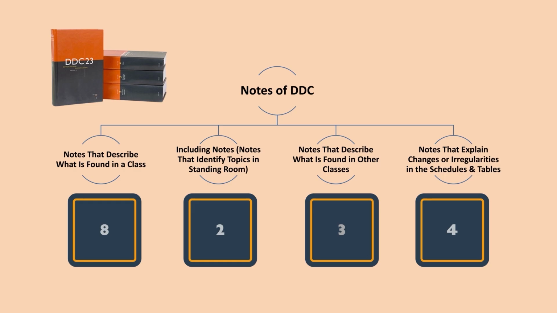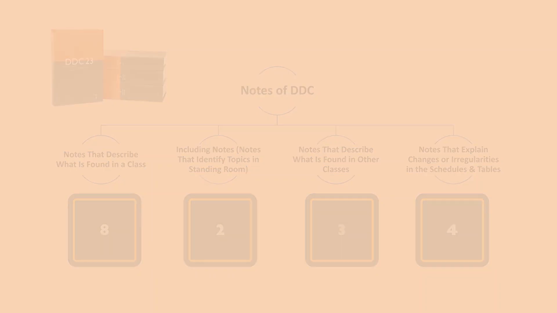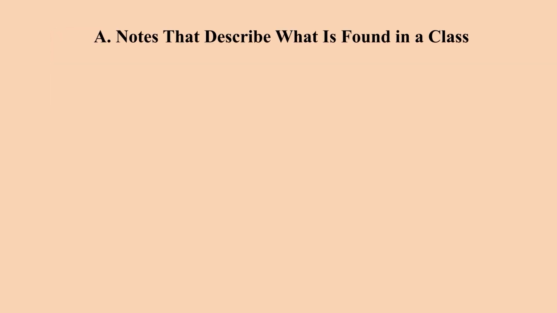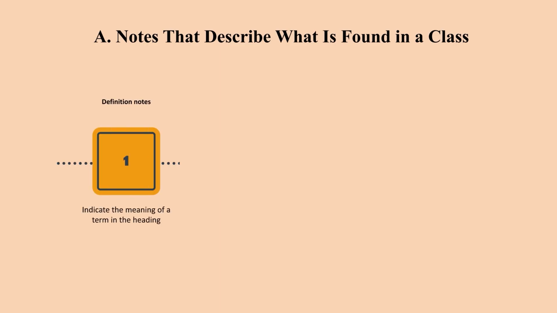Now, if we want to explain one by one, the first type of note was notes that describe what is found in a class. And we have mentioned that there are 8 types that come under this particular type of note. Firstly, the definition note.